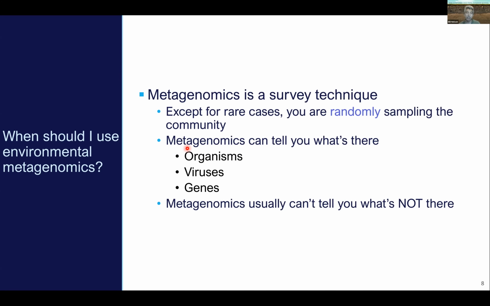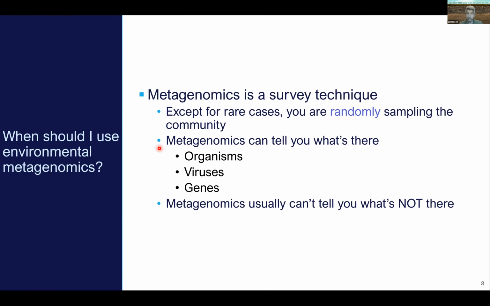But in general, the communities are going to be way more complex than you could possibly sequence to capture every single organism or gene that's present. And so this is a sampling. And so the more sequence you have, the deeper you sample, the better you're going to be representing your community.